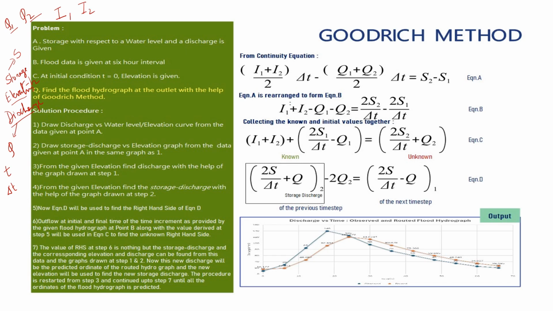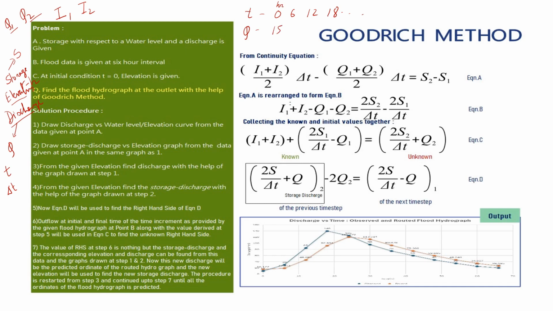If there is data where time versus discharge is given in this manner, suppose time is 0, 6, 12, 18, and Q is given. This 0 can be hour, second, or minute, anything. Let us say this is hour. At the 0th hour, the beginning of the time period, suppose the discharge was around 15 cubic meters.